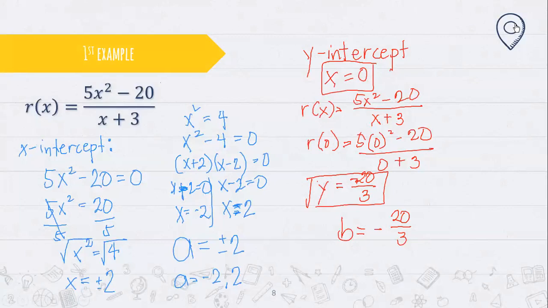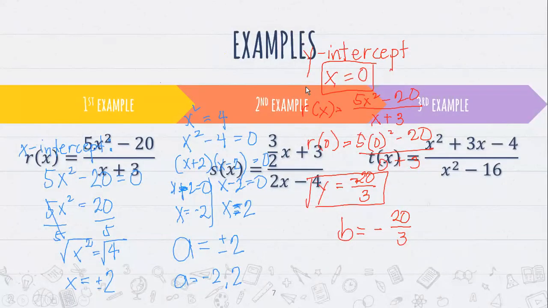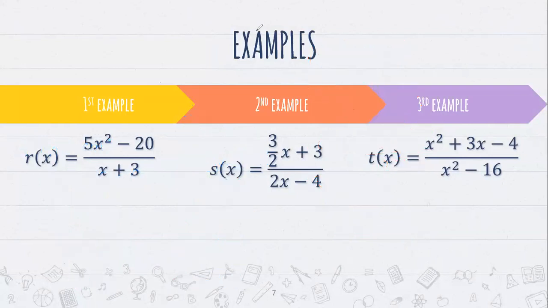Okay. So, let's proceed to our second example. Burahin ko lang yung naka-annotate. So, our second example is S of x is equal to 3 over 2x plus 3, all over 2x minus 4. Okay. So now, let's solve for this example.